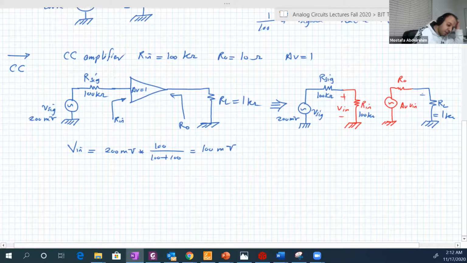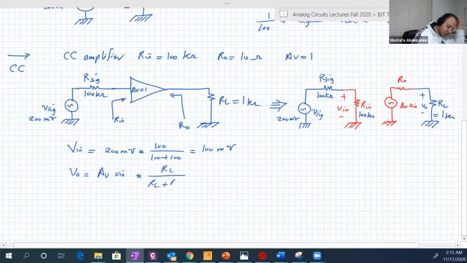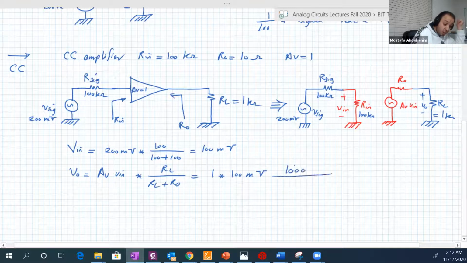How about VO now? VO is equal to AV, V input multiplied by RL over RL plus RO. Let's substitute and see. AV is 1. The input is 100 millivolt. Our load is 1 kilo, so I will write it in ohms, 1000, over 1000 plus 10.